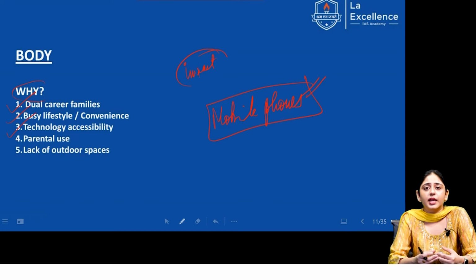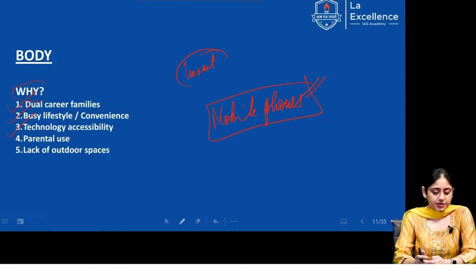But now everybody has a mobile phone, everybody has an iPad, so that accessibility has increased. Now you can easily just hand it over to the child. The child can go to his room, or just scroll somewhere with that particular mobile phone or tablet. So that accessibility has also led to more use of technology in the socialization of children.